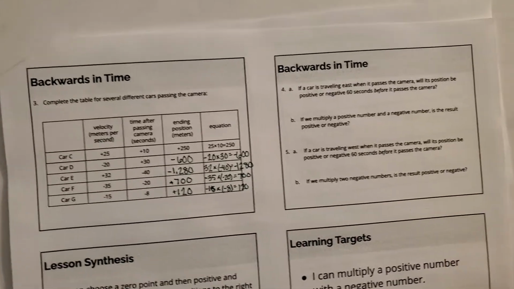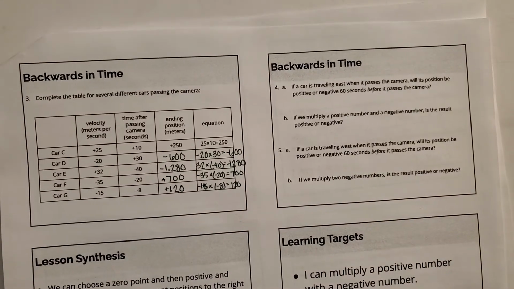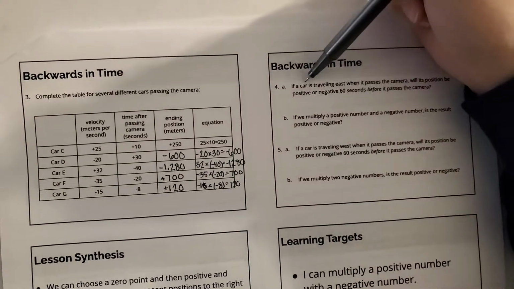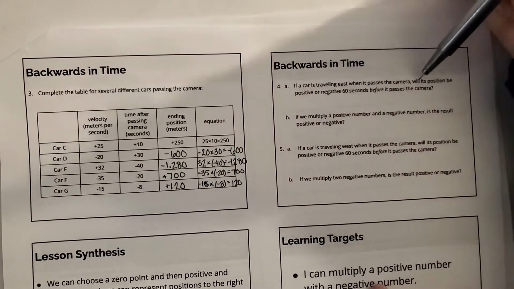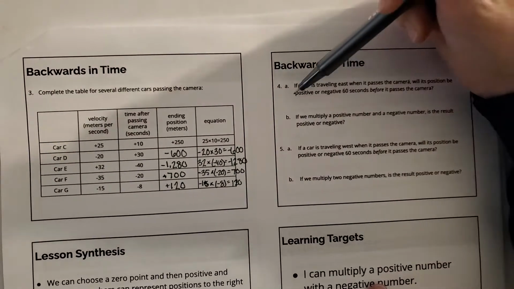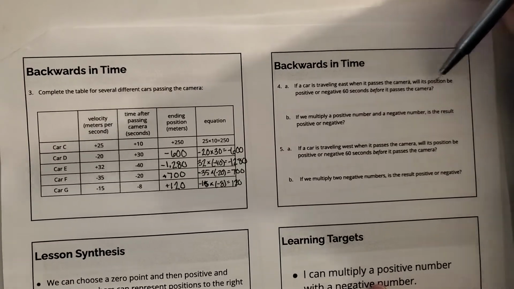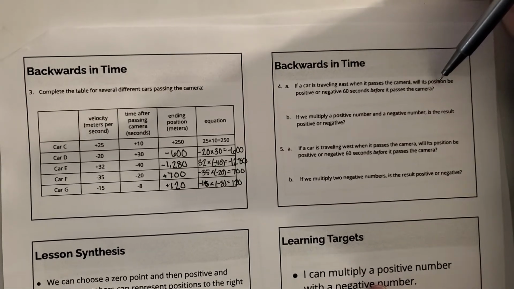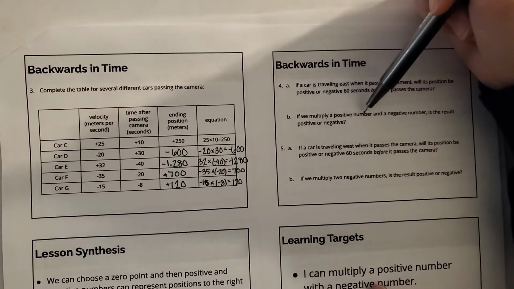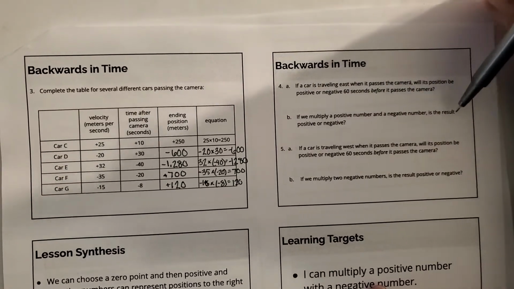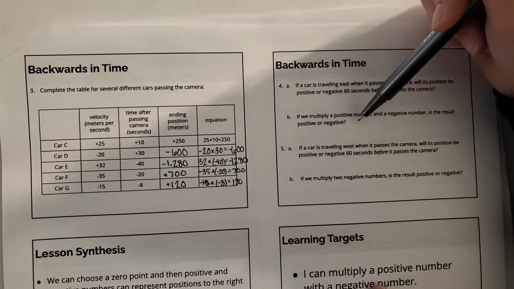Now we have a few questions to answer about that table. If a car is traveling east when it passes the camera, will its position be positive or negative 60 seconds before it passes the camera? If we multiply a positive number and a negative number, is the result positive or negative?